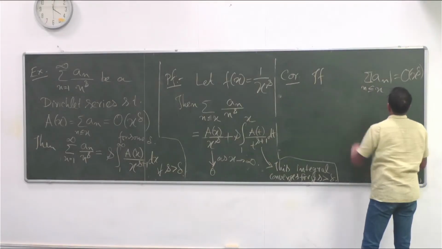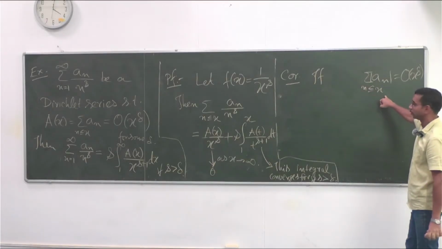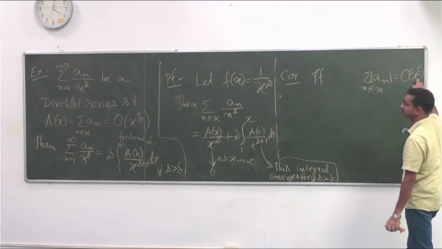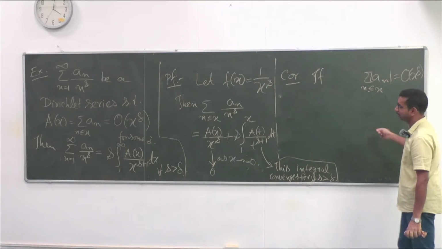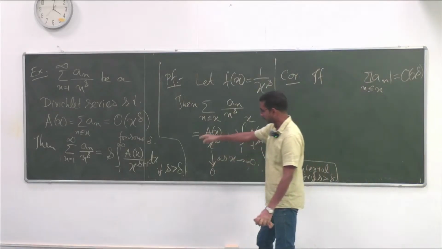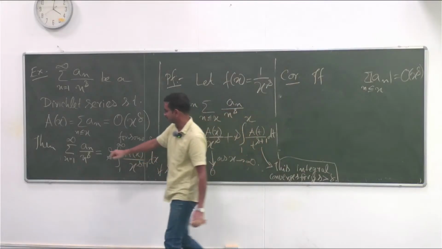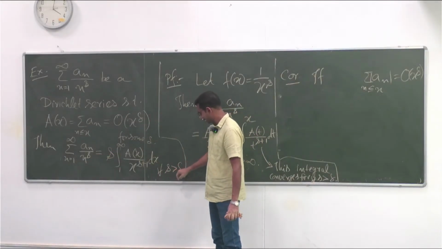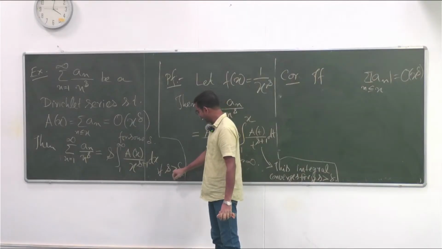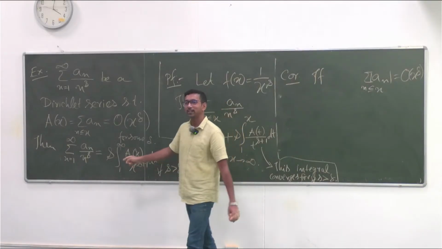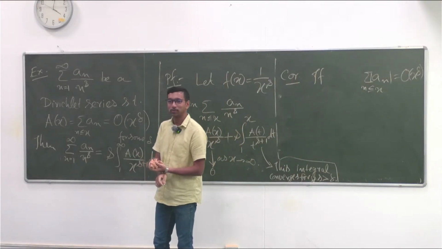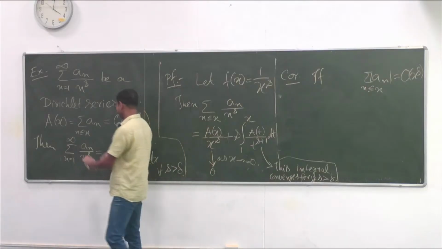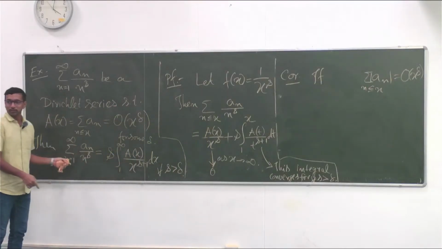If you just have this condition, you can tell immediately, using what we have done there, that this series converges absolutely for all s larger than delta. But that means now, the thing that we saw yesterday, we were taking the absolute values of this, right?